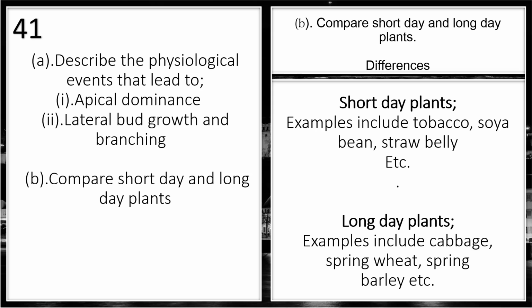Examples of short day plants include tobacco, soya beans, strawberries, and many others. Long day plant examples include cabbages, spring wheat, spring barley, and many others.